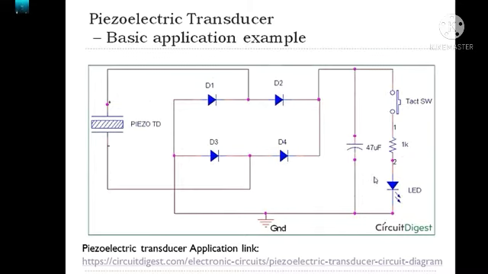This capacitor is used to store the charge and discharge to the LED whenever this switch is closed. So this is a small application where the piezoelectric transducer is used to convert mechanical force into electric output. A website link is also provided here. You can refer to it for further learning.